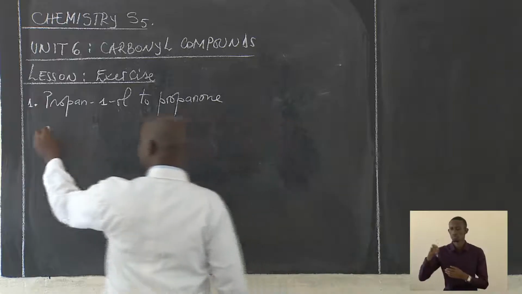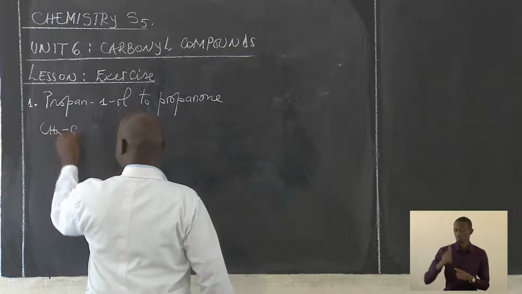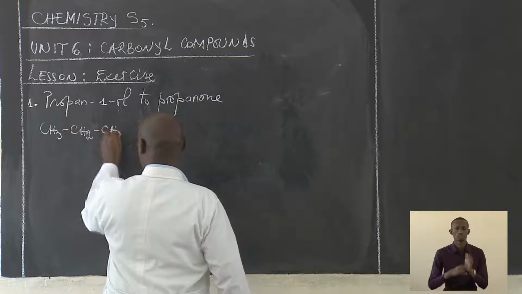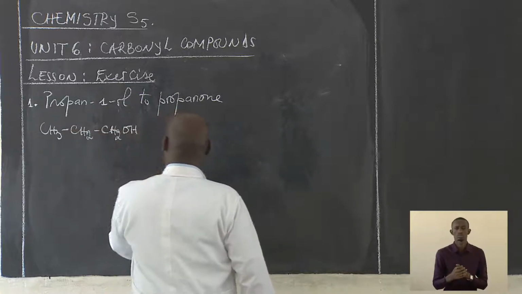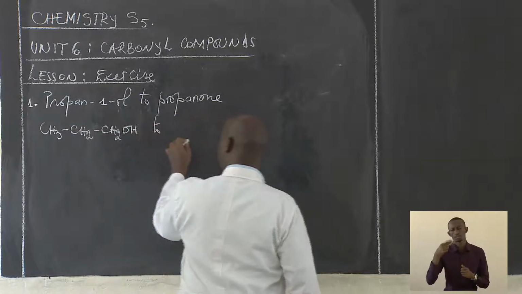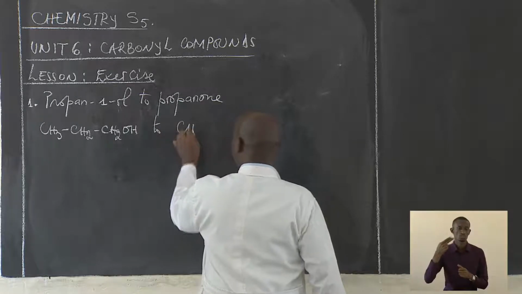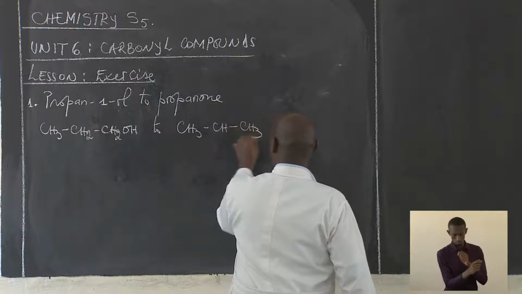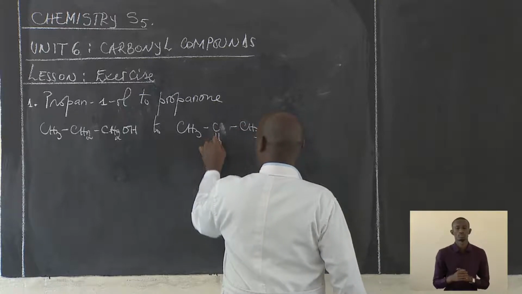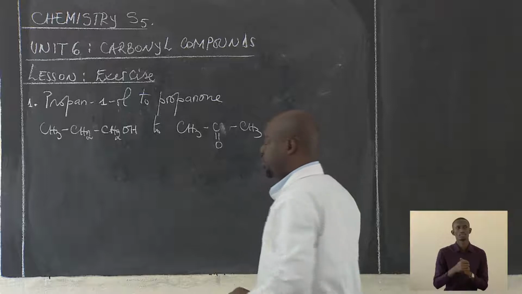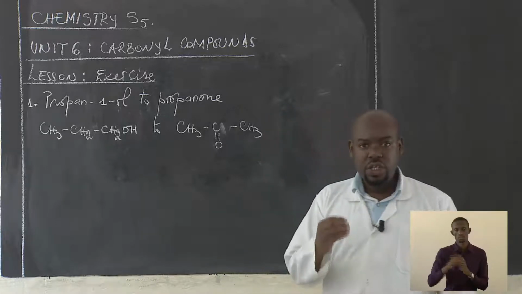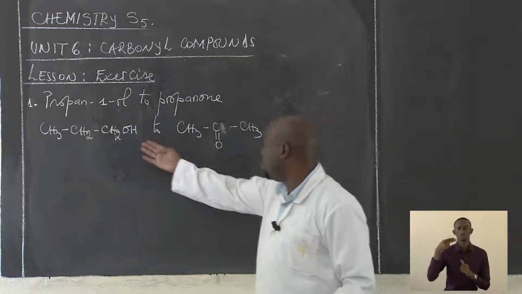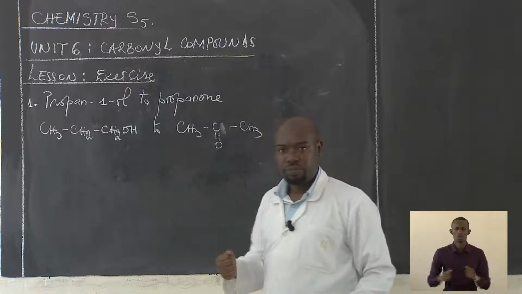Propane 1-ol is this one, CH3CH2CH2OH, and we want to transform it into CH3COCH3, propanone. So how can we transform this alcohol into this ketone?